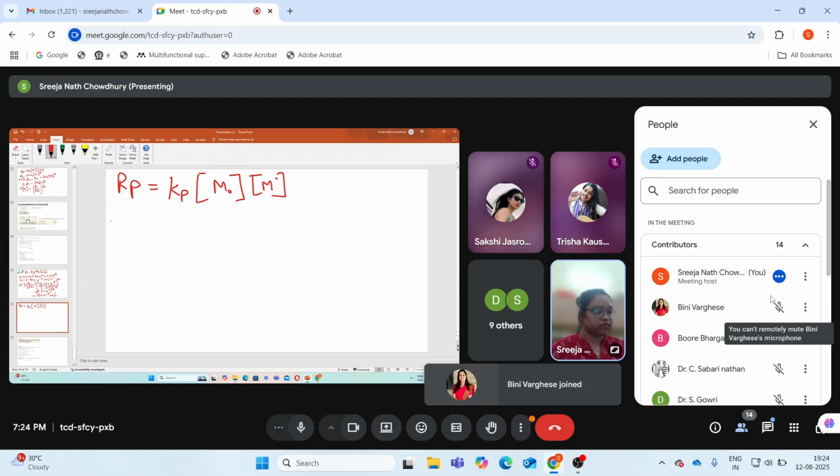Now let me write Kp m with Kd I0 by Kt to the power 1 by 2 e to the power minus Kd t by 2. Now if I do a rearrangement, that is minus dm by m, and dt will go to this side.